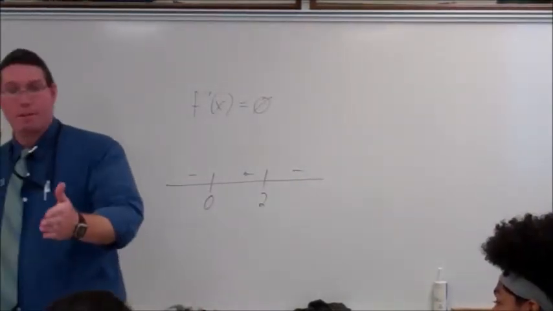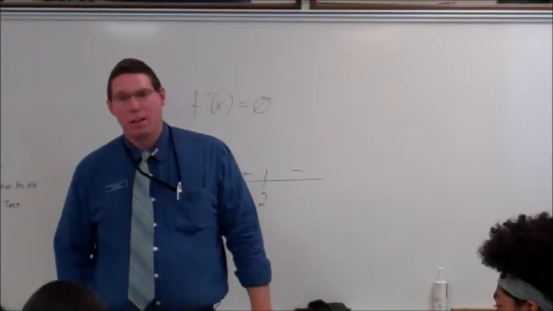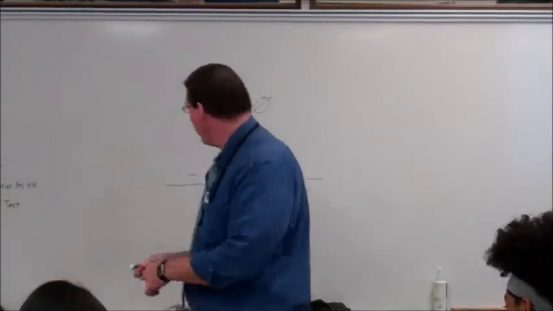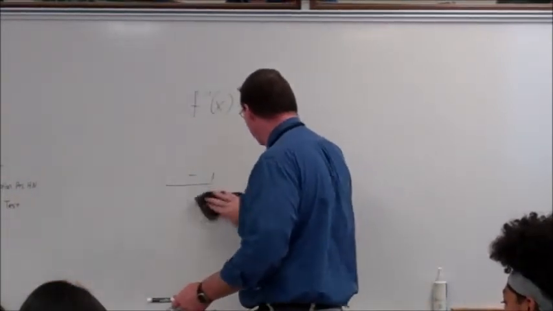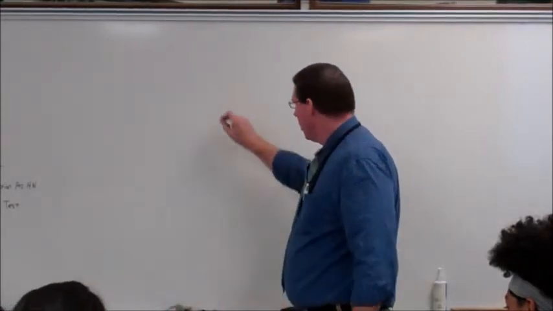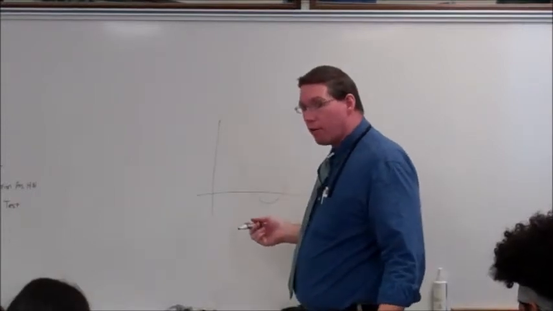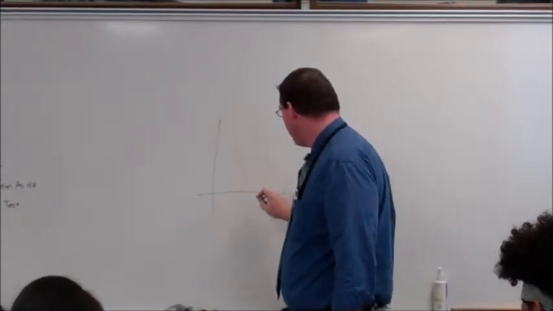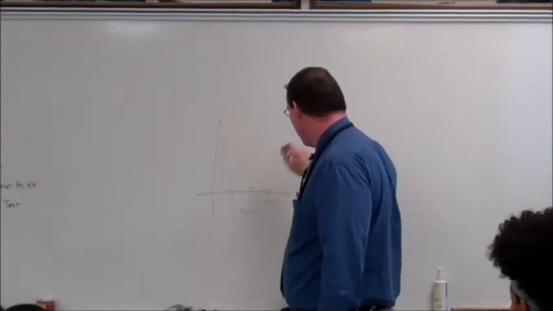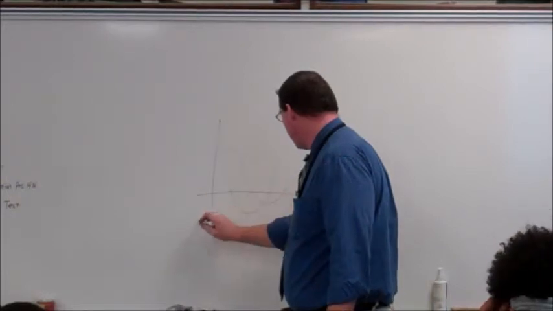All right. Yes? Are second derivative graphs always linear? No. Often when we talk about an original function, if we say f of x is a cubic function, then the first derivative is going to be quadratic, and then the second derivative is going to be linear.